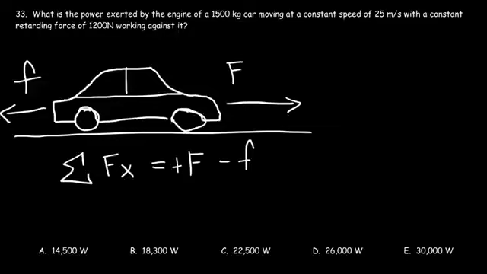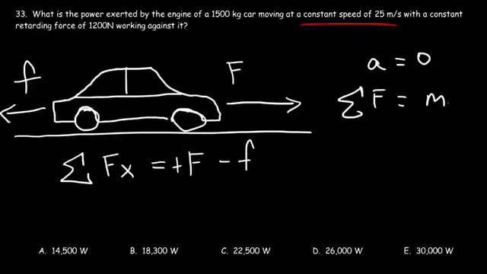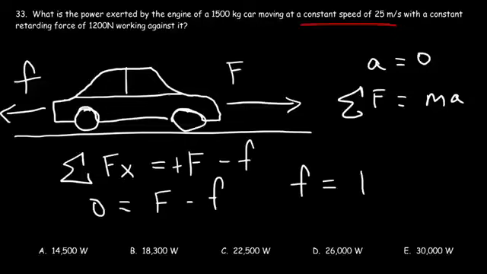Now, whenever an object is moving with constant speed in a straight line, if it's not turning, the acceleration on that object is 0. And we know that the net force is mass times acceleration. So the net force has to be 0. So therefore, if we take this term and move it to the other side, the retardant force is equal to the applied force.